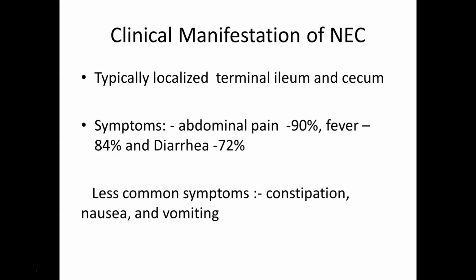Most patients complain of right lower quadrant pain, which can also mimic appendicitis. About 90% of the time abdominal pain is present, fever about 84%, and diarrhea in some papers about 72%. Less common symptoms are constipation, nausea, and vomiting.